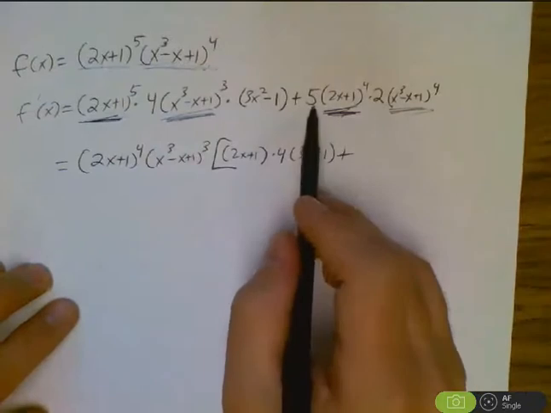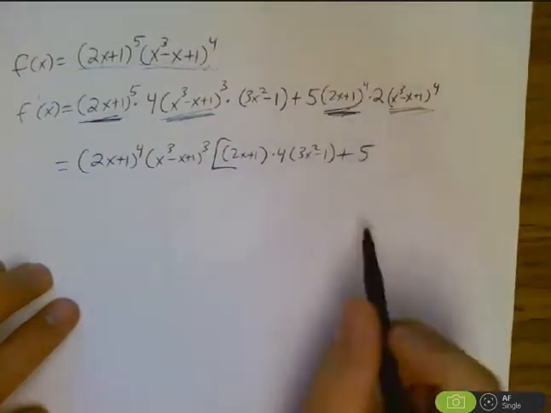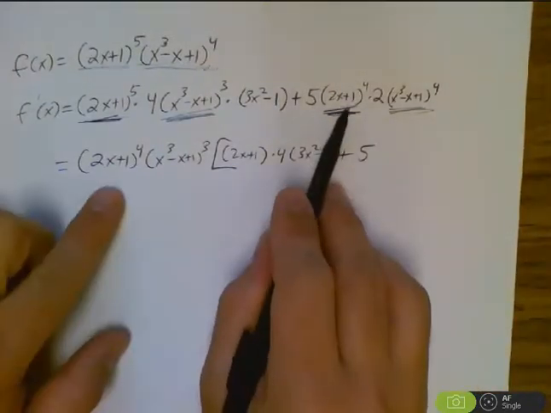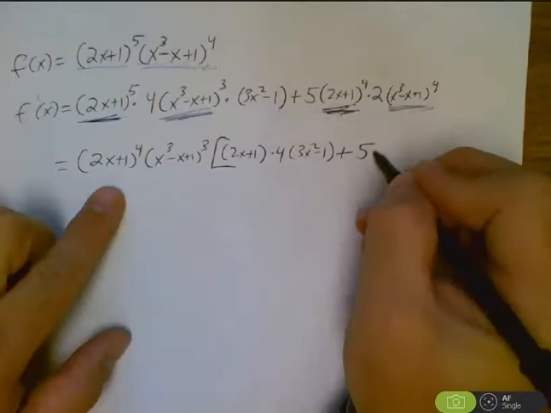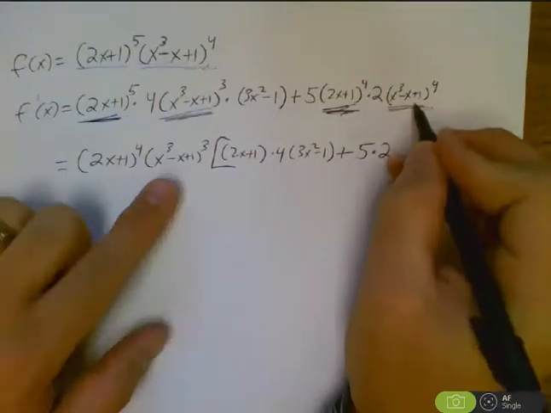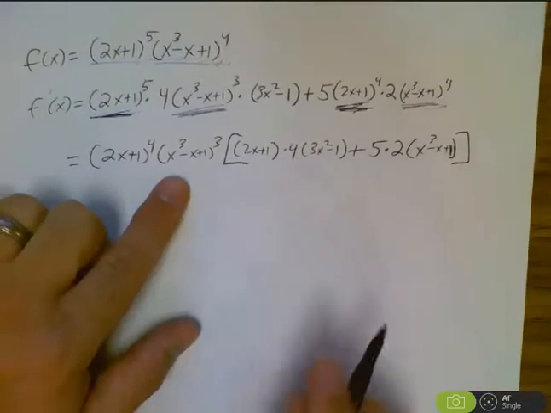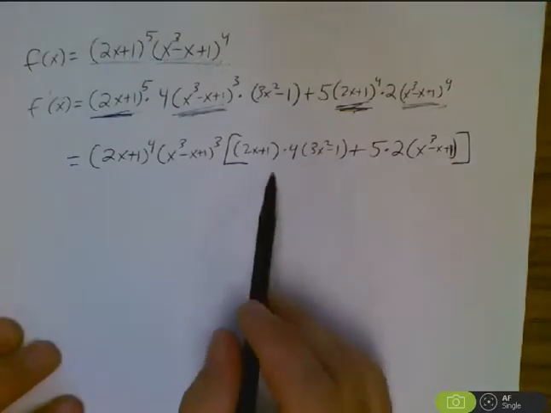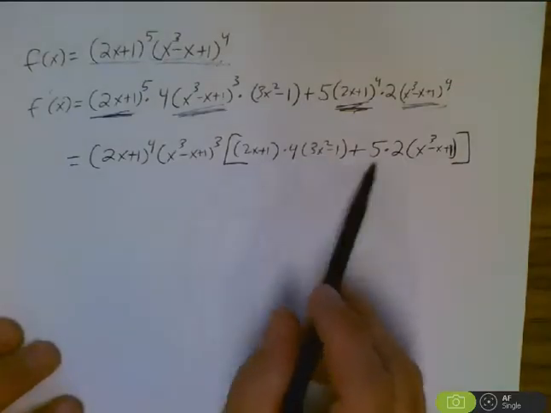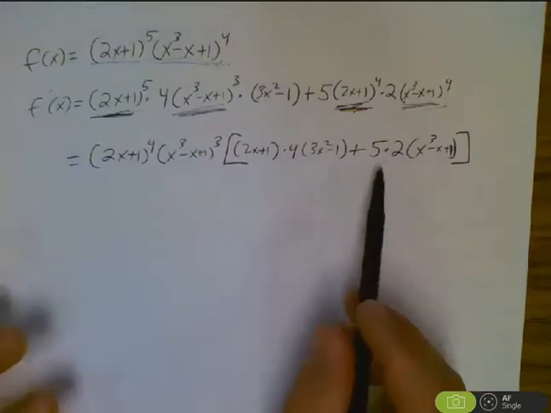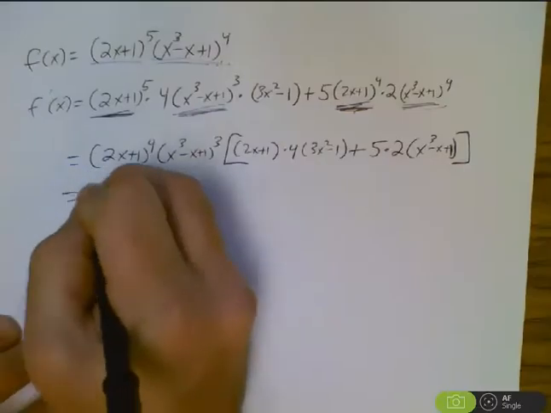Plus, on this side, we've got a 5 coming along for the ride. We took out all 4 of these, so those are gone. We do have a 2, and we have 1 left of these things: x cubed minus x plus 1. Plus 1. Okay, I know it's not that pretty, but we actually should be able to simplify that, so just for the purposes of the video, I will.